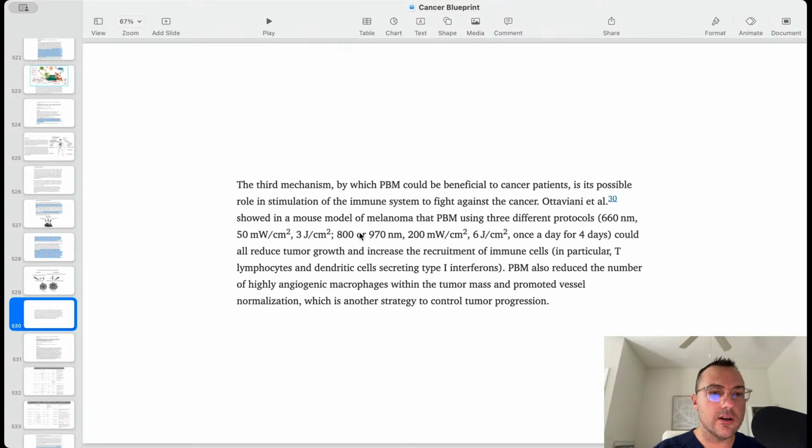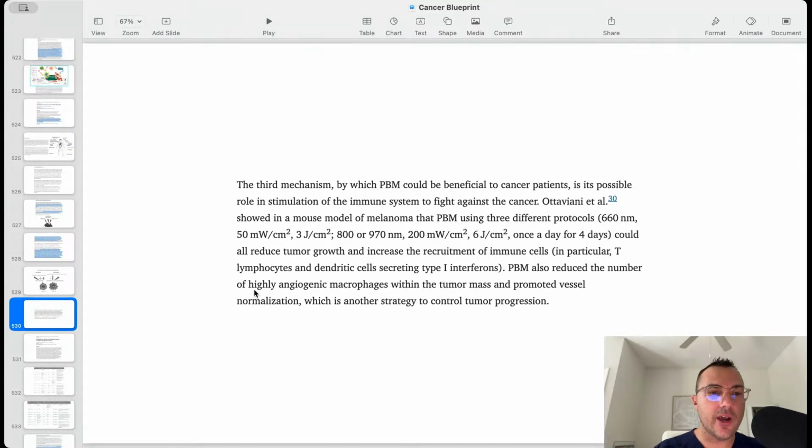And 800 to 970 nanometers, which is in the infrared A range, at a much higher irradiance for double the amount of joules, once a day for 4 days, could all reduce tumor growth and increase the recruitment of immune cells, in particular T lymphocytes and dendritic cells secreting type 1 interferons.